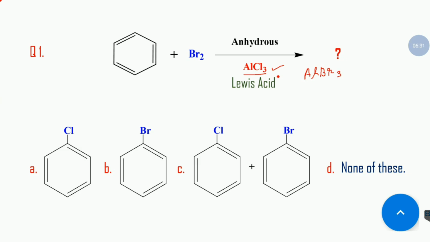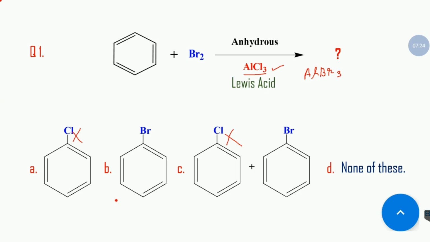So option A is not possible, because it would utilize the chloride from the catalyst, and there is no other source of chloride in this reaction. Similarly, option C is not possible because it also utilizes the chloride from the catalyst.